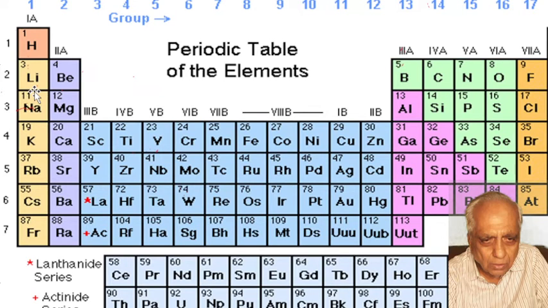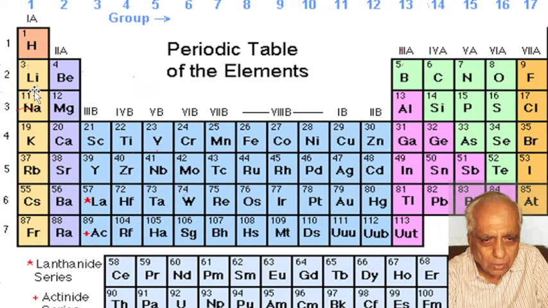He wrote all elements in increasing order of atomic weight in a tabular form, such that in any group you will have all elements having similar properties. If I take any group, any vertical line, the properties would be similar.